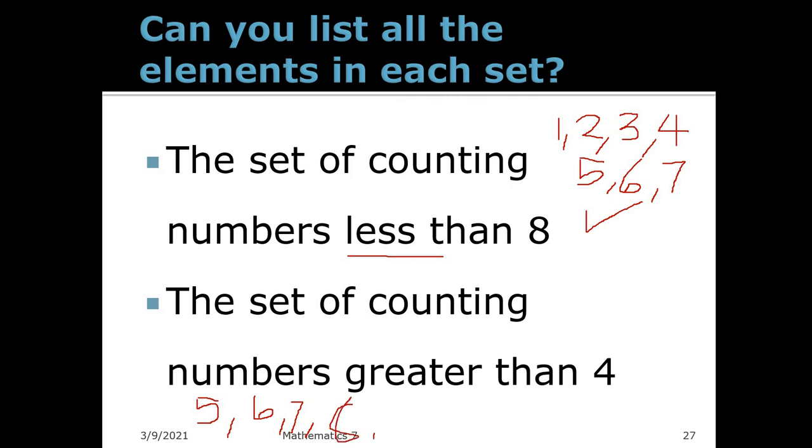So it will continue. So in this case, we cannot count the number of elements in a given set. So how do we call these kinds of set? Elements that can be counted and elements that cannot be counted.